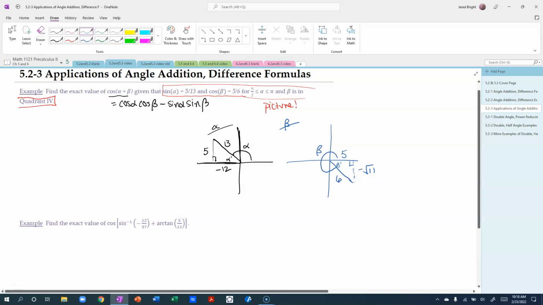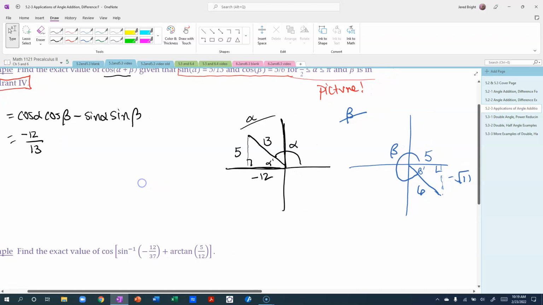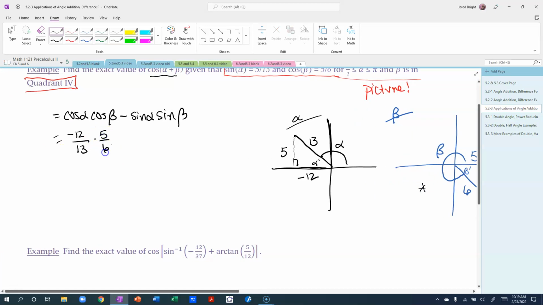Those pictures really help because now I'm able to go back and substitute the values into the equation I was originally working with. Cosine of alpha, in this picture, if I evaluate cosine, I get negative 12 over 13, adjacent side over hypotenuse. Cosine of beta, going to the other diagram, would be 5 over 6.